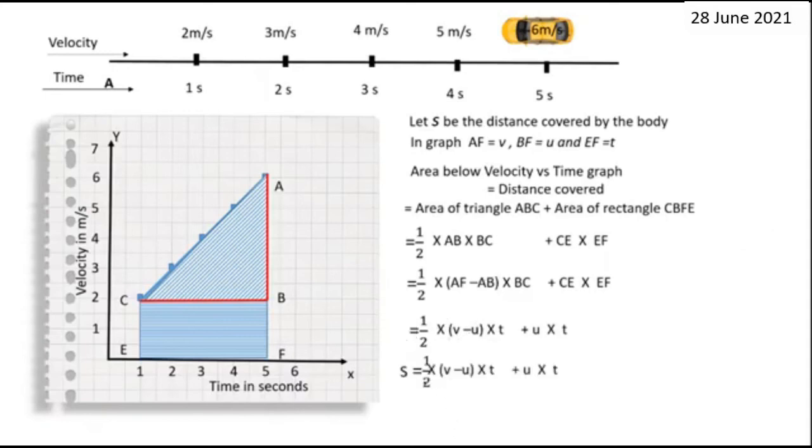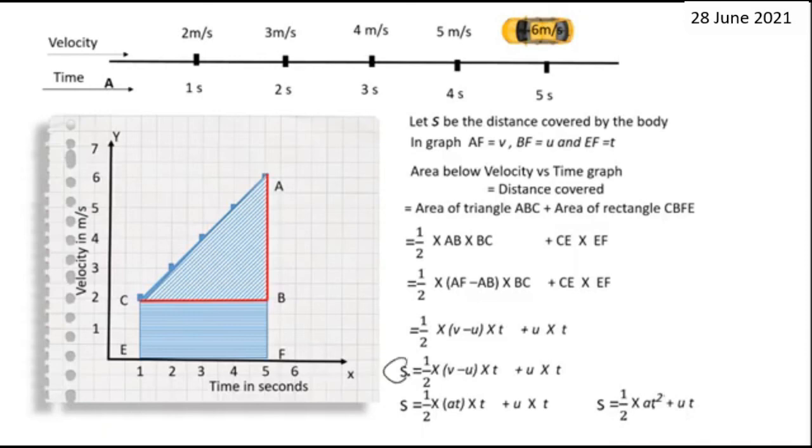So half into V minus U into T plus UT becomes half into AT into T, which is half AT square, plus UT. So your final equation is S is equal to half AT square plus UT.